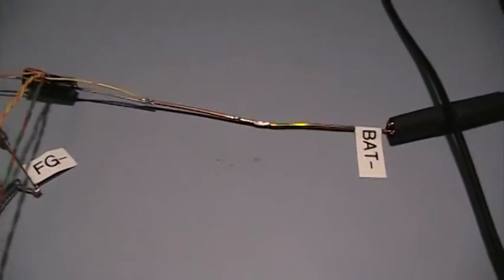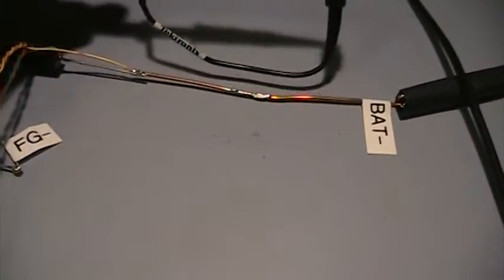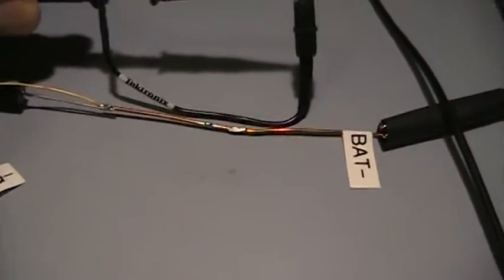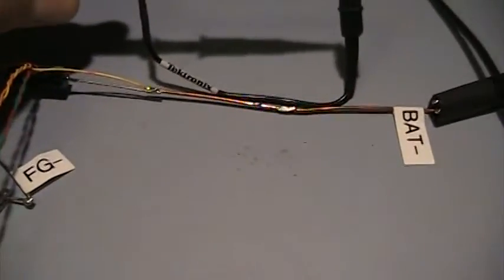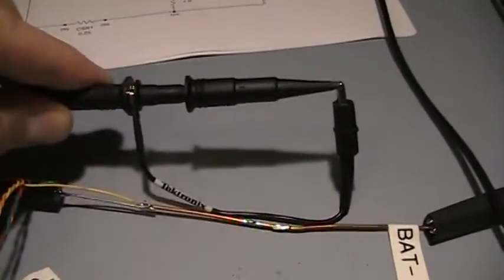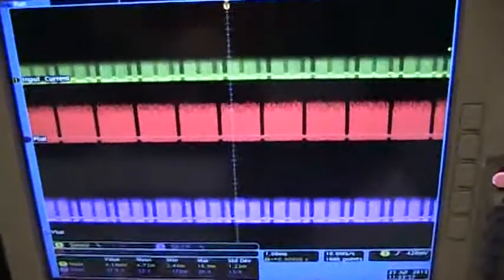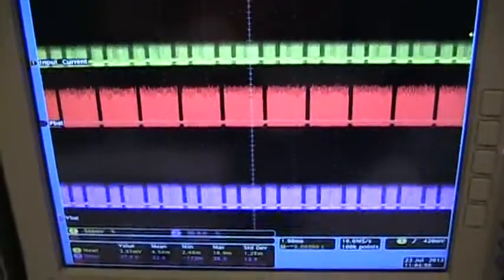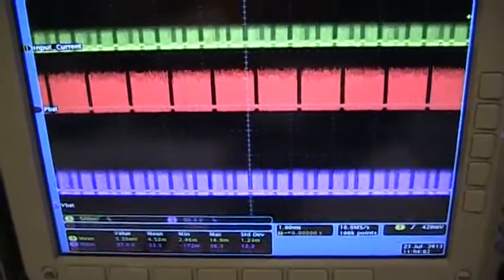So now I'm going to move the current probe so that the ground lead is in parallel to one of our battery leads, like that. And look what's happened to our display. Our current probe is picking up quite a bit of voltage.